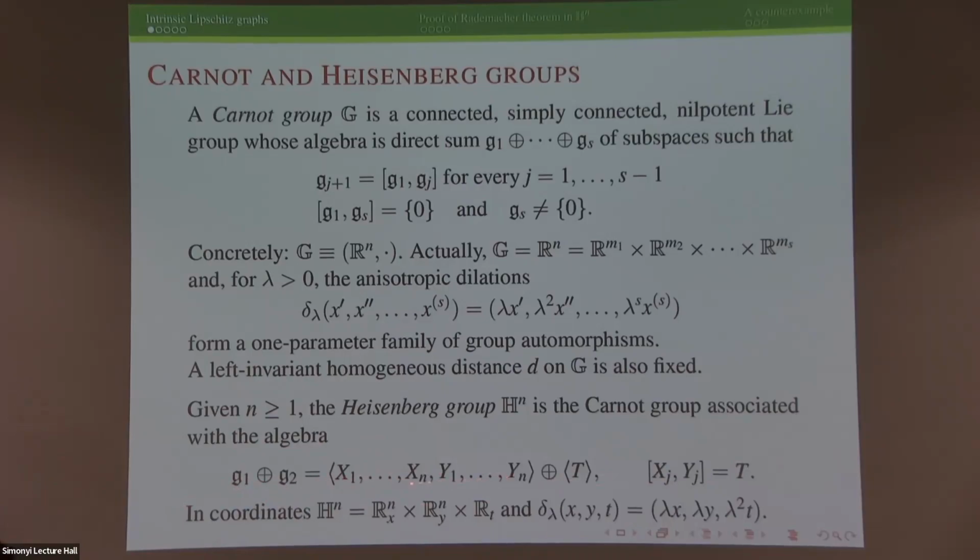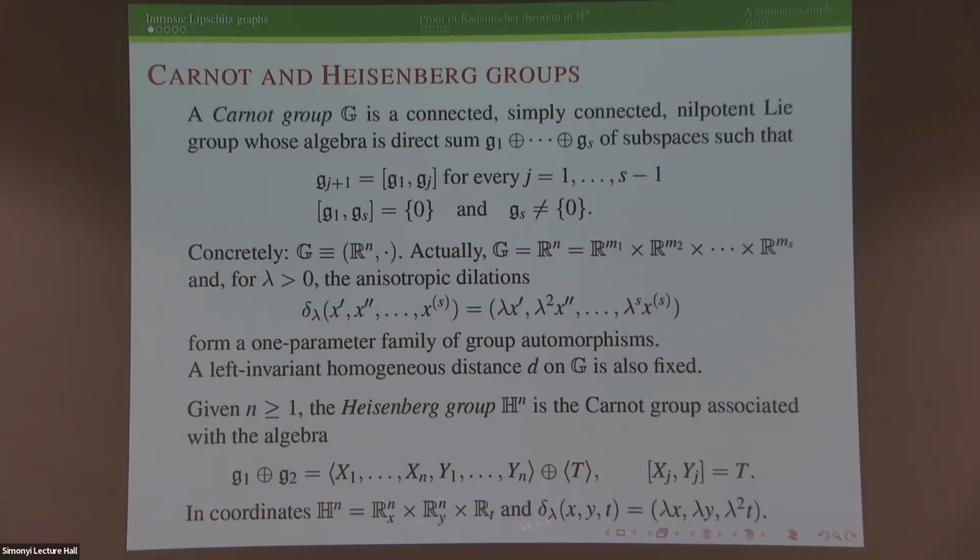The first one is 2n-dimensional, and it's generated by the vector fields X1, ..., Xn, Y1, ..., Yn. The second layer is one-dimensional, and all commutation relations are zero, except when you consider the bracket between Xj and Yj, where you get T, the element in the second layer.